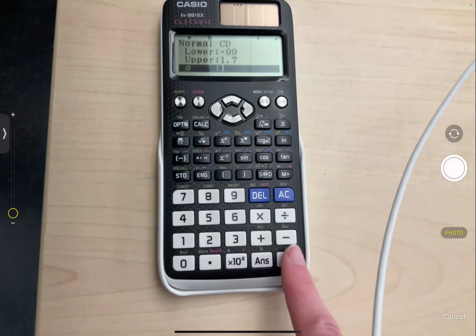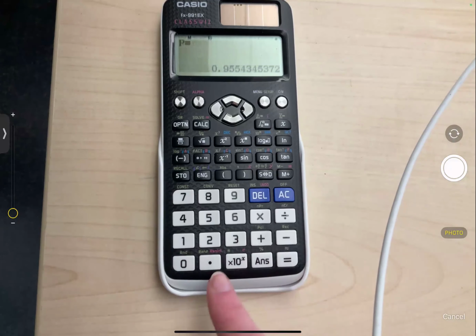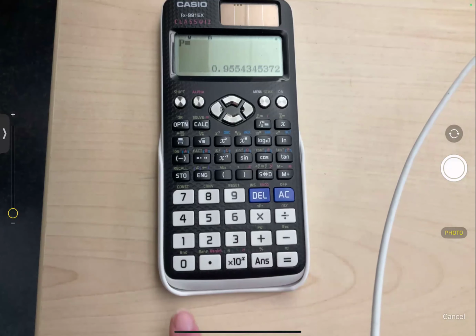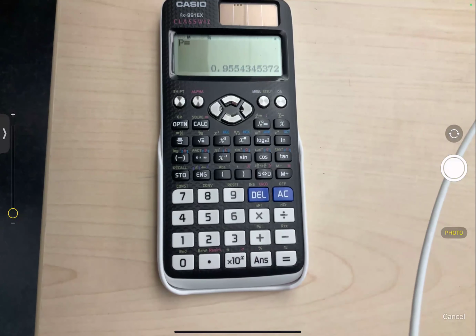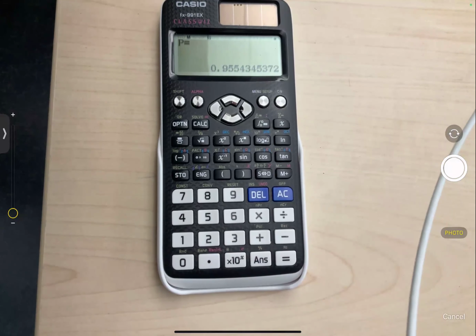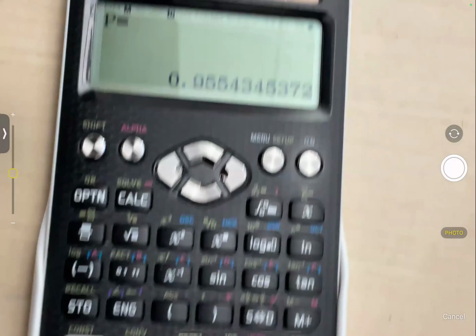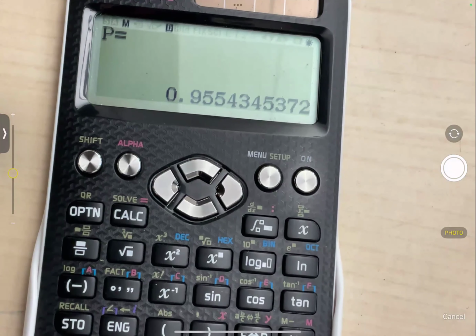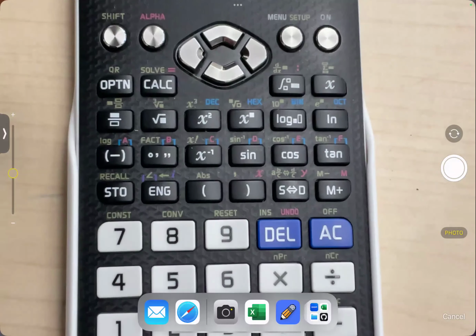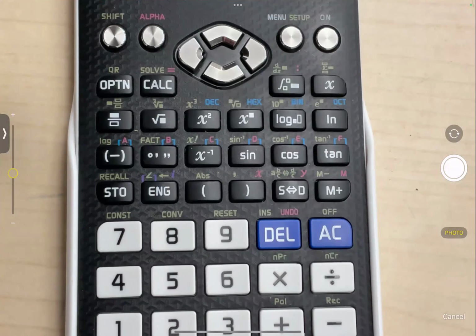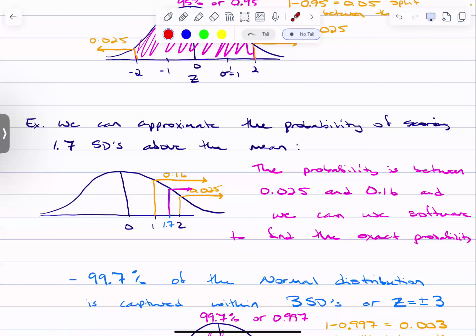And because this is a Z, sigma is 1, and the mean is 0, I get this. 0.95. There. Okay. Now I'm gonna take this. No. How do I get back out of here? Cancel. Okay.